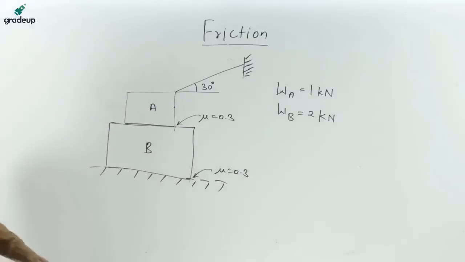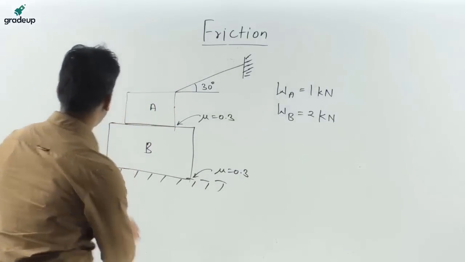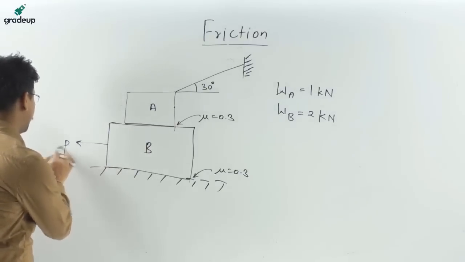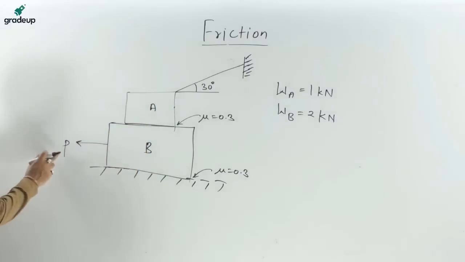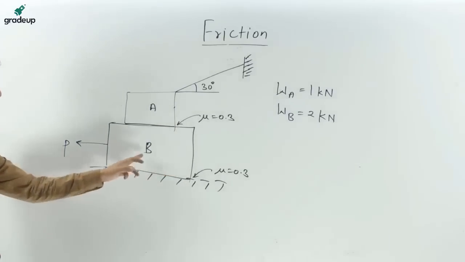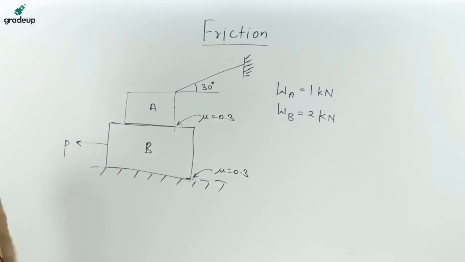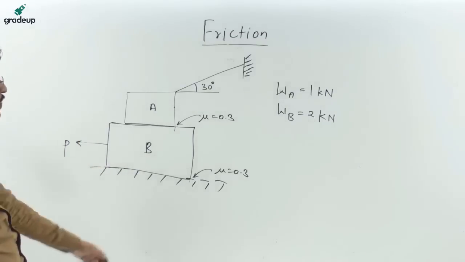Now there is a force that is applied, so you have to find out the value of P for which this body B will start to move. How to find it? It's very easy, nothing much to be done in this.